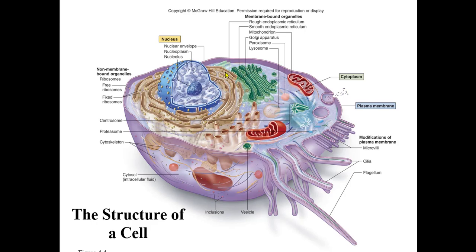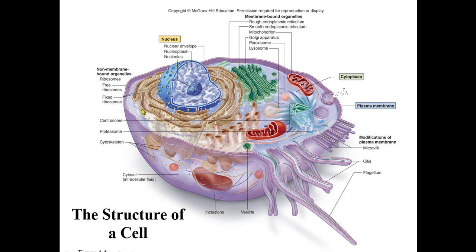The fixed ribosomes deal with protein synthesis, as does rough ER, but it's for export purposes. The proteins that are made by way of the rough ER will eventually find their way outside the body. And when I say outside the body, I'm talking about the cell itself. It will eventually end up in the bloodstream and go elsewhere in the body. So rough ER, through its fixed ribosomes, will make protein for exporting out of the cell.